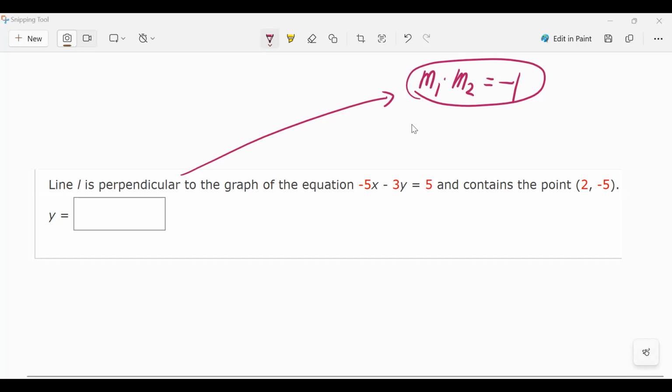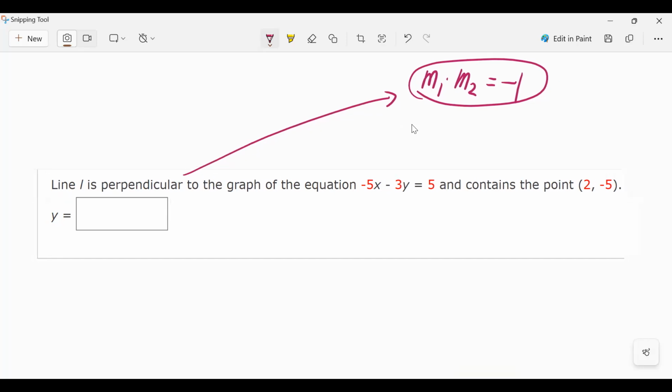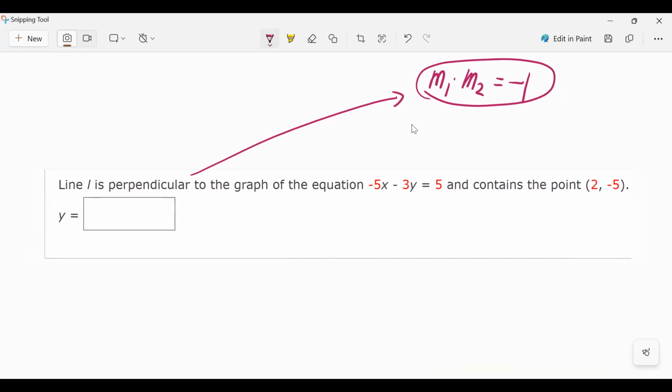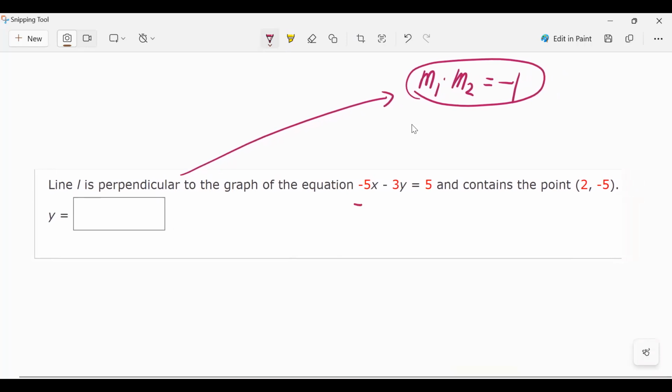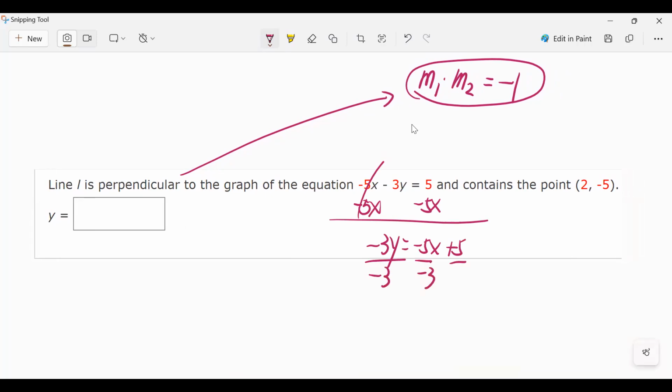Let's go over the solution, guys. First of all, we need to find the slope for one of the lines, this given line here. So we need to isolate y: subtract 5x on both sides of the equation, get -3y equals -5x plus 5, and divide by -3 across.